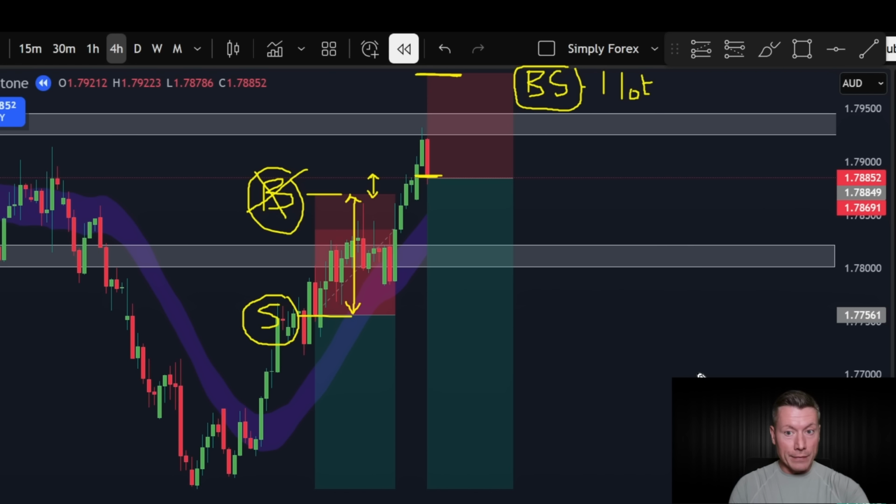Now, you can leave it like that and let it play out, but as part of my money and risk management, I can risk up to 3% whilst hedging and adopting this system. So I will actually risk another 1% here. So you have to bear this in mind, guys.